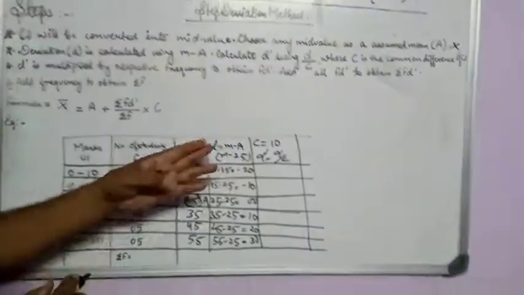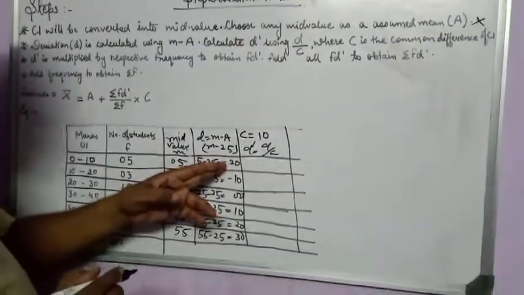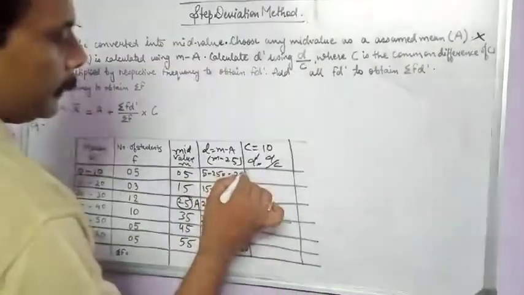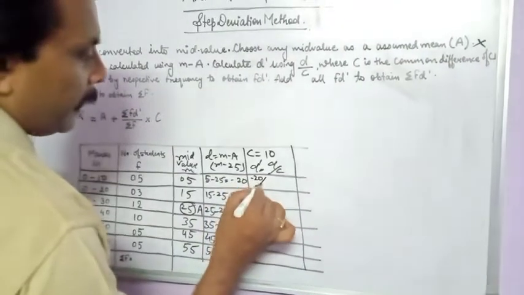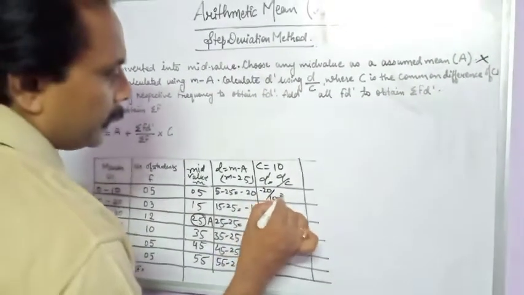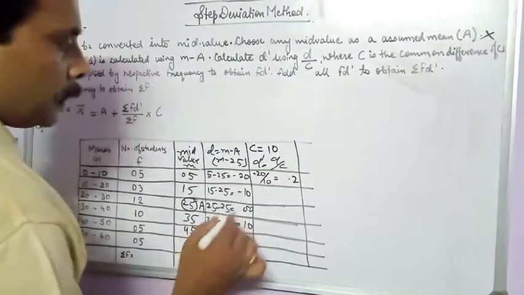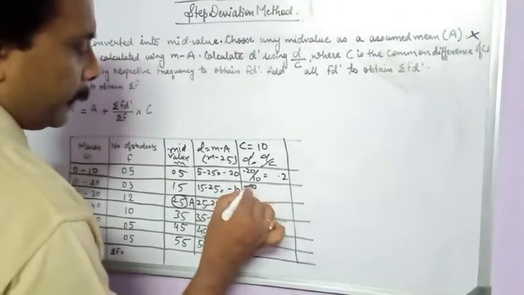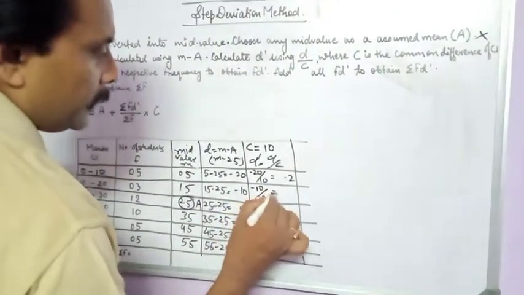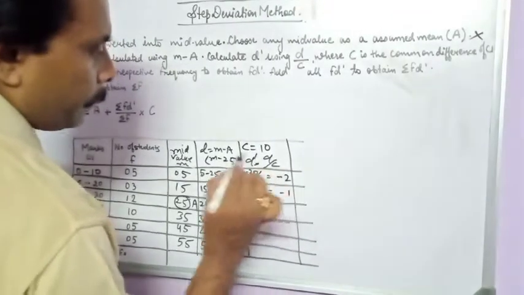Clear? So we have already calculated D. So minus 20 divided by 10 is equal to minus 2. Next, minus 10 divided by 10 is equal to minus 1.